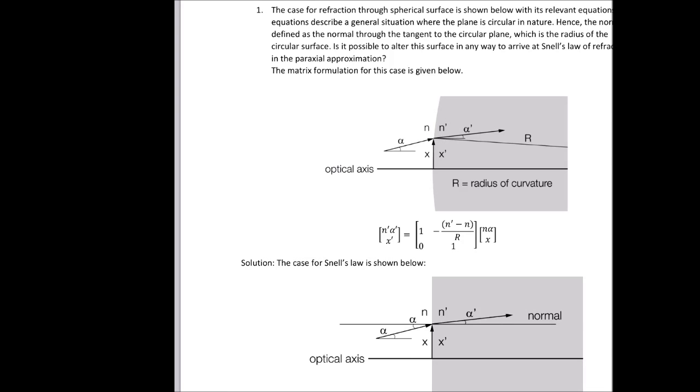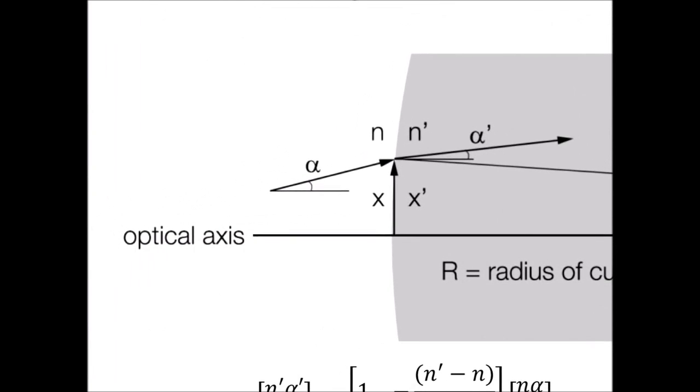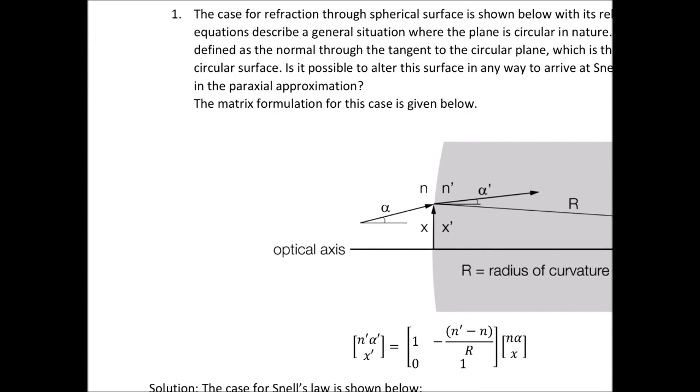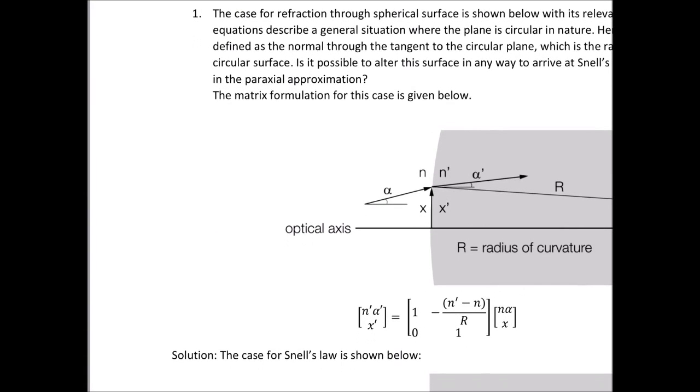That's over here. So you have a circular surface, and the normal has to be normal to the tangent to the surface, which essentially becomes the radius of curvature. Is it possible to alter this surface in any way to arrive at Snell's law of refraction in the paraxial approximation? The matrix formulation for the case is given below.